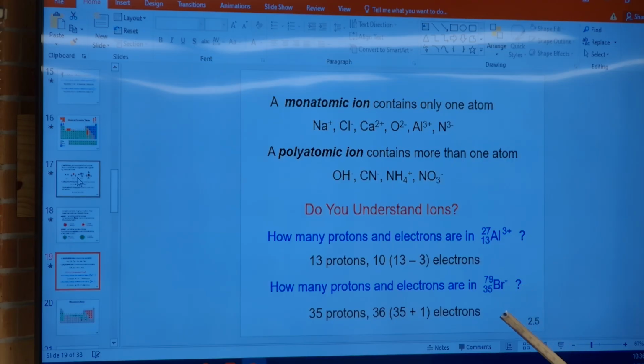Okay, so 35 plus 1. You need to keep in mind, whenever you see a minus charge, minus 1, you need a plus 1, because minus 1 means gain 1 extra electron. Minus 2, gain 2 extra electrons, you need a plus 2. Not minus 2, it is plus 2 to the proton number. You get it?